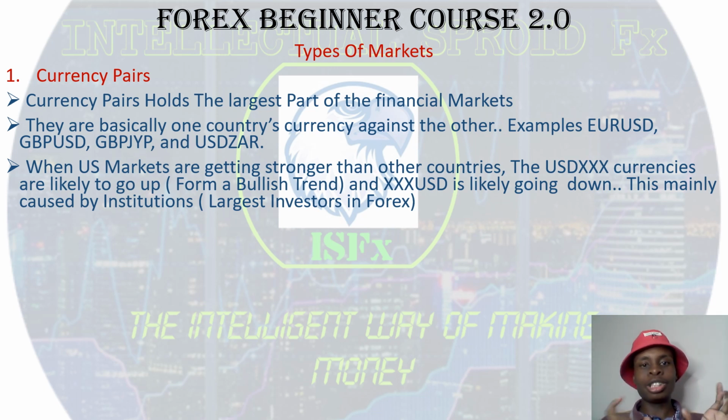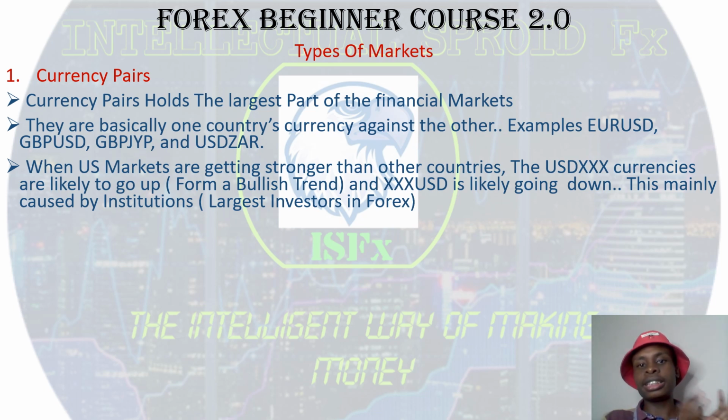So if you see a pair, and the US dollar is getting stronger, it's going bullish. Bullish means it's going up. Then you are likely to see the currency pairs that start with the US dollar going up. It can be US dollar versus Japanese yen, US dollar versus South African rand, etc.